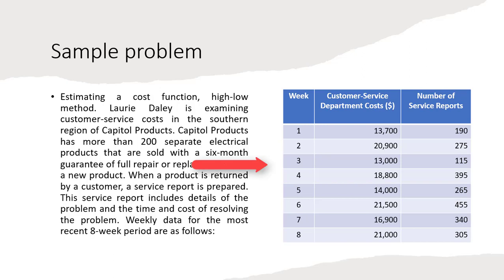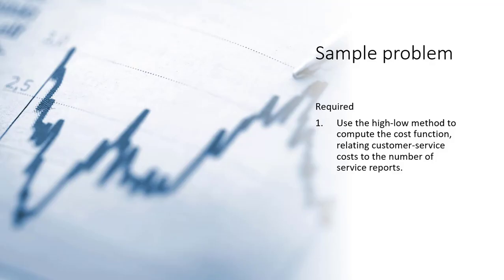So from getting the information from week 3 and week 6, we have the number of service reports 115 for week 3, and then for week 6 455. Using the formula determining the slope coefficient, we can use it in determining how much will be the cost function.